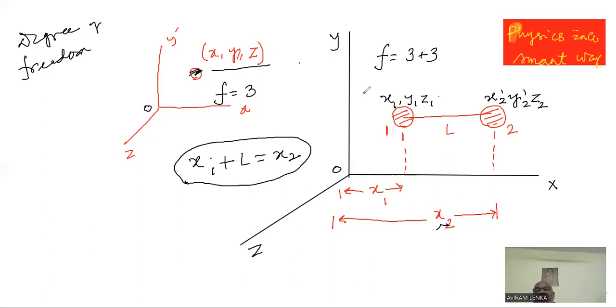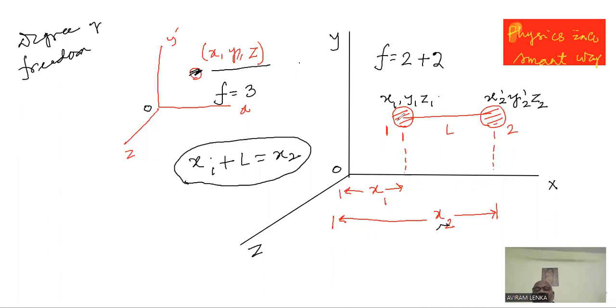So far as two y coordinates are concerned, this atom can go up, that can go down, so they can have two independent y. So far as the two z axes are concerned, these two atoms can enjoy two independent z.